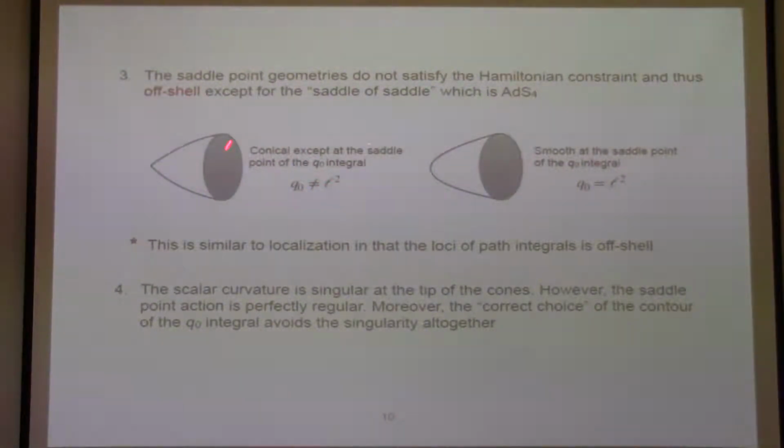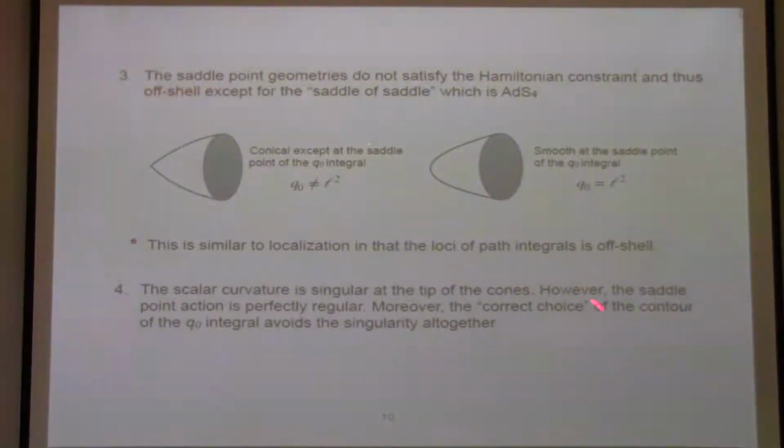I should mention that at the tip of this cone, we actually have a scalar curvature singularity, but the action is finite, first of all. And second, we have to deform the contour of this Q naught integral. When we do this, we actually avoid all the singularities altogether.